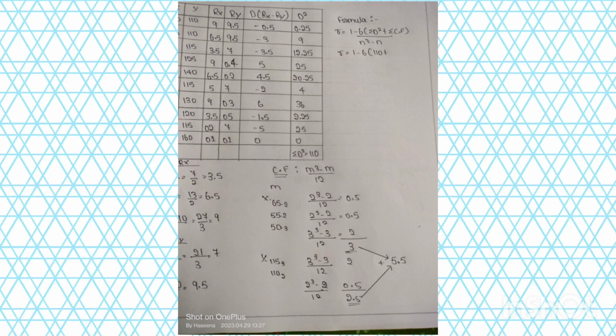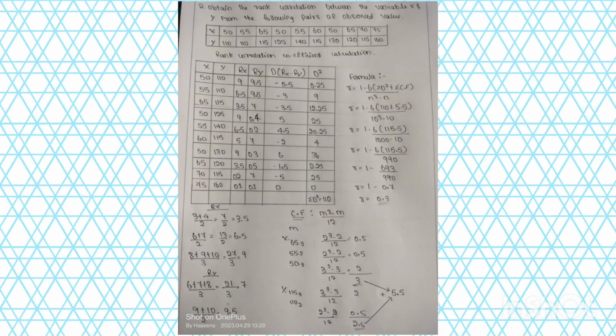By using this formula, we can solve the rest of the problem, which is r is equal to 1 minus 6 times 110, which is the summation of D square, plus 5.5, the correction factor. It is divided by 10 cube minus 10, which is 1000 minus 10, 990. Here we add 110 and 5.5, and we get a value of 115.